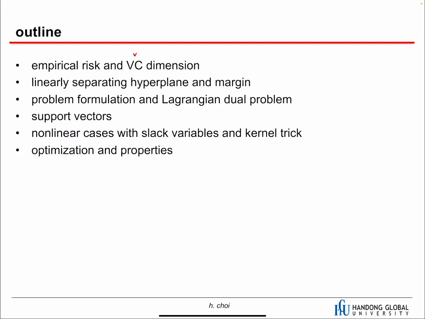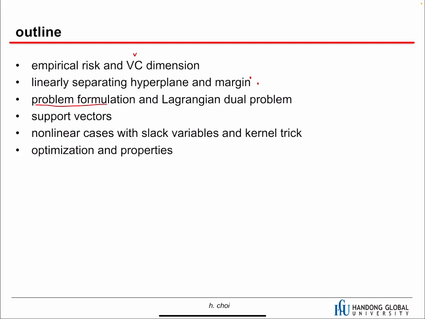Okay, and then assuming that the data set is linearly separable, when we maximize the margin, that actually makes the gap between the risk and empirical risk minimized. So from this on, maximizing margin is our problem. So we have a problem formulation.